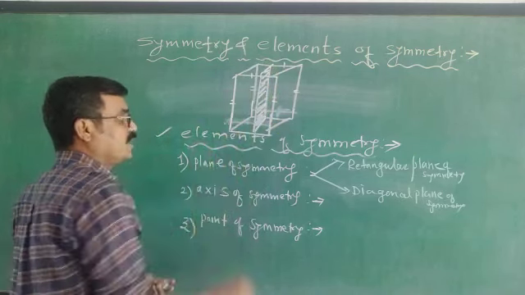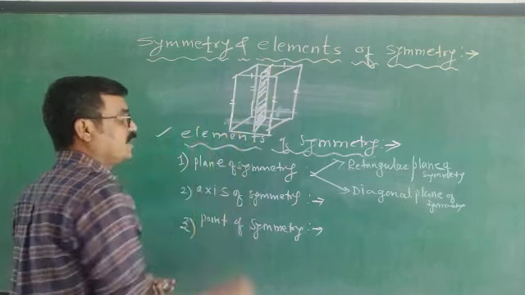Now second one, diagonal plane of symmetry. It is a plane which passes diagonally through opposite edges of the cube. Getting it? What is this diagonal? Suppose this is a crystal.